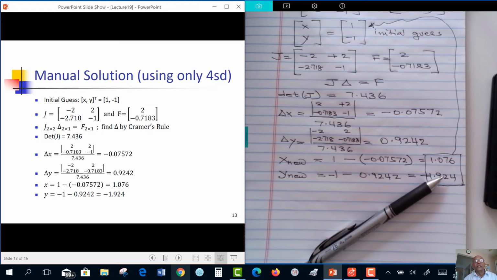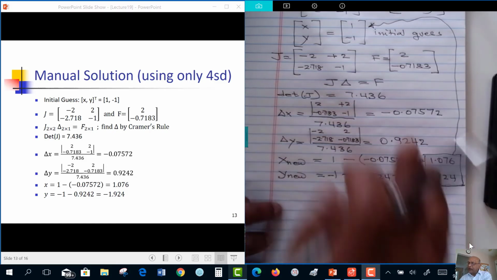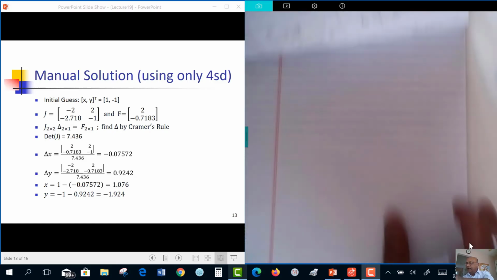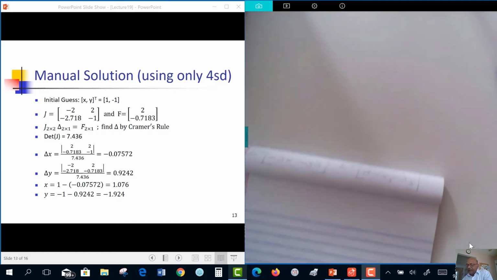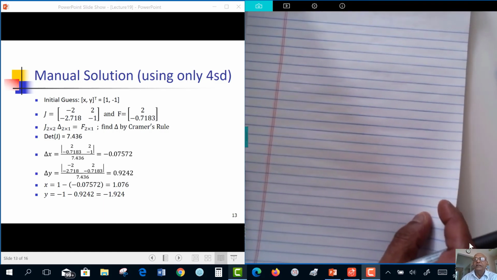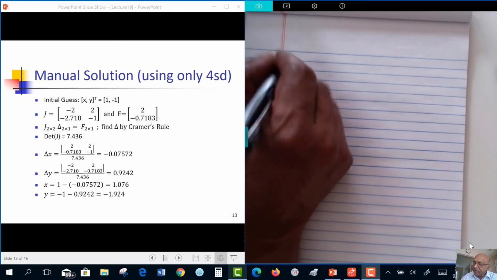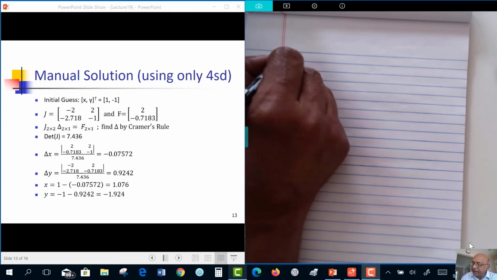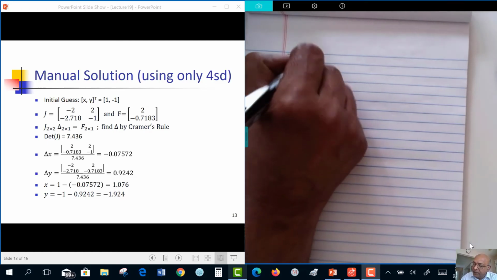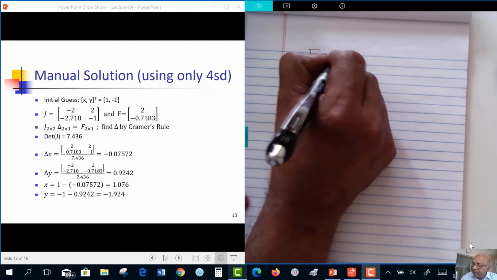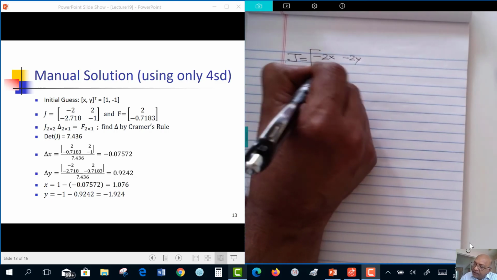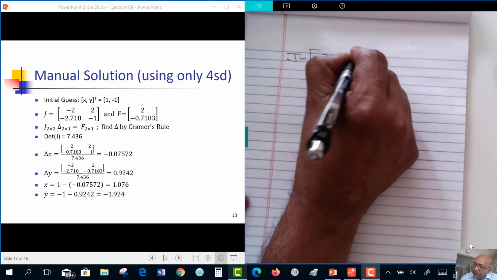Next thing we are going to learn is how to do it in Excel. Okay, so let's see how we are going to program it in Excel. I'm going to try to keep it very much like how I have done it using paper and pencil. But remember again, our Jacobian is minus 2x, minus 2y, minus e to the x, minus 1.